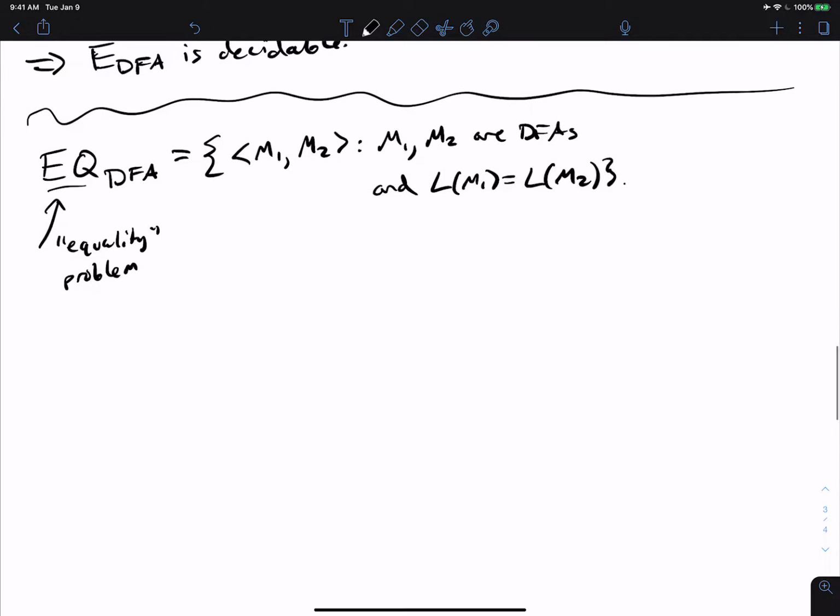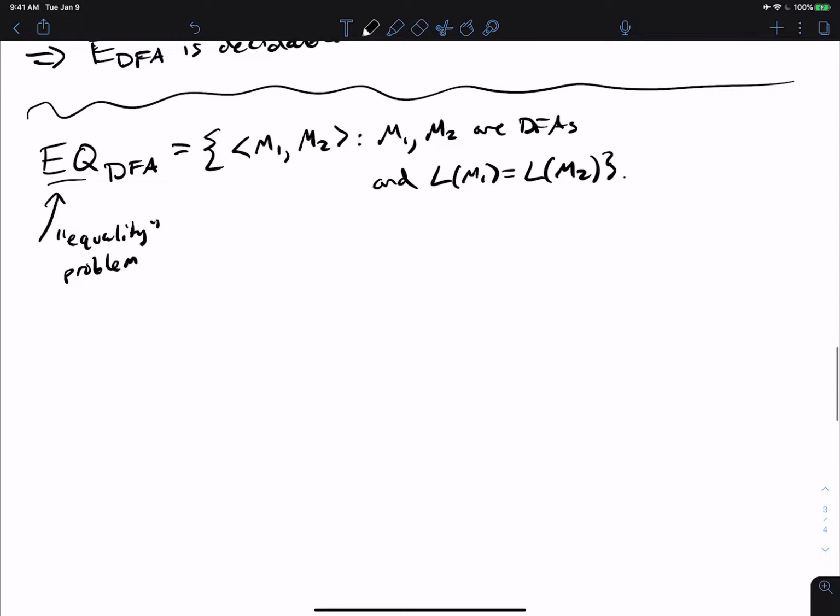Okay, so how would we actually solve this? It's actually pretty slick how to show that this is decidable. So I claim that this is decidable, which is really nice.